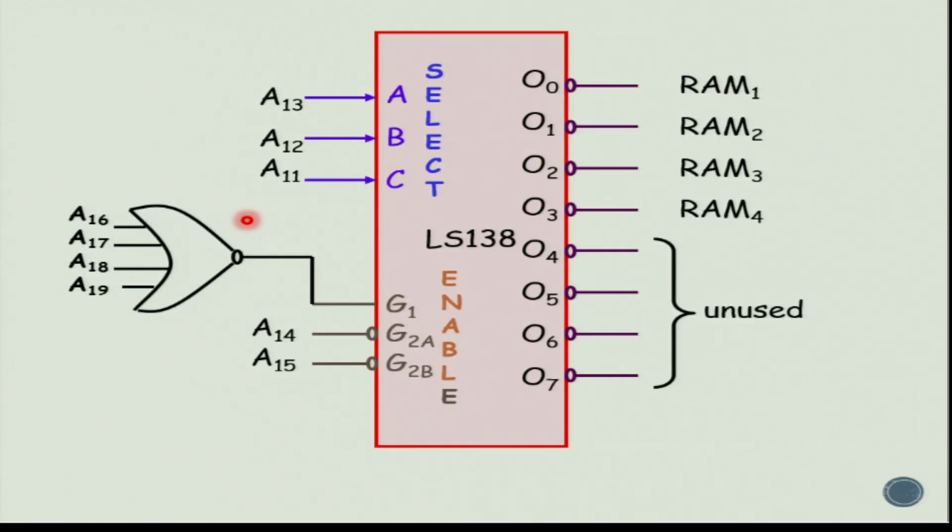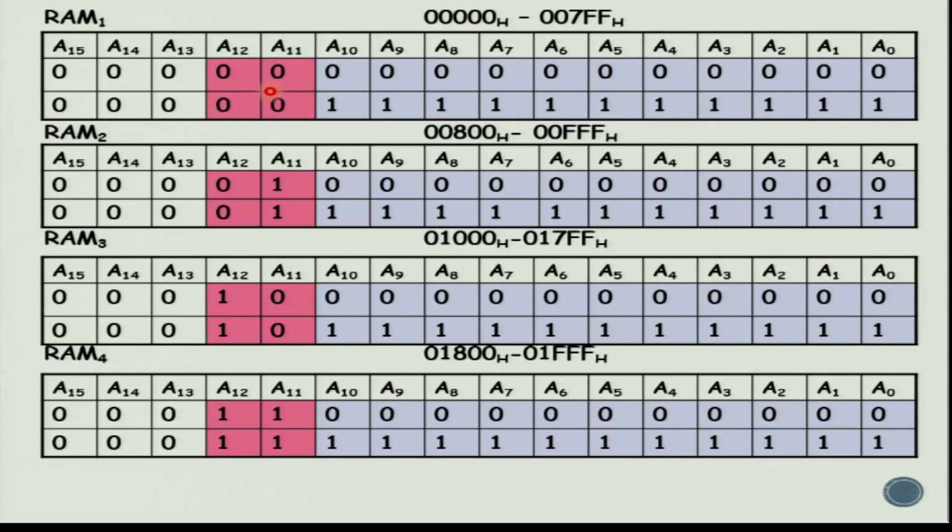So we have our decoder which has output 0 to output 7. We don't require all the 8 outputs because we have only 4 memory chips, so these are going to be connected to RAM 1, RAM 2, RAM 3 and RAM 4. To A, B and C, we are going to connect the address lines A11, A12 and A13. If you go back to the address map, this is A13, A12 and A11.